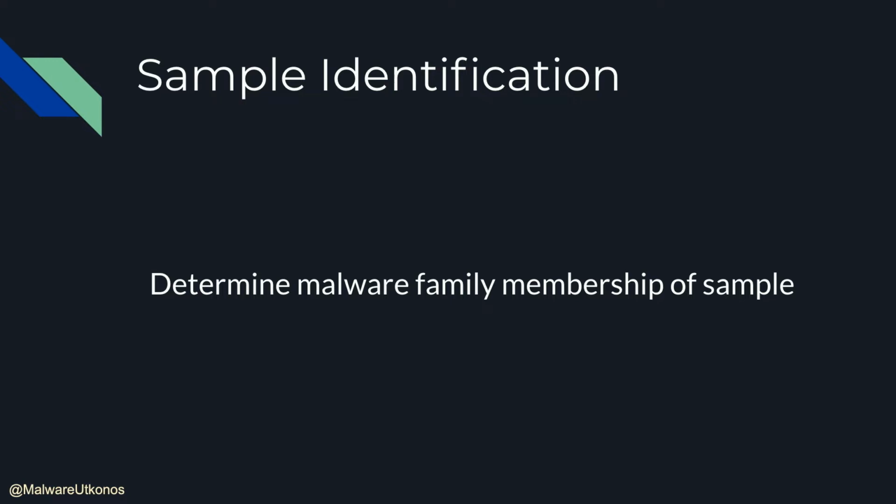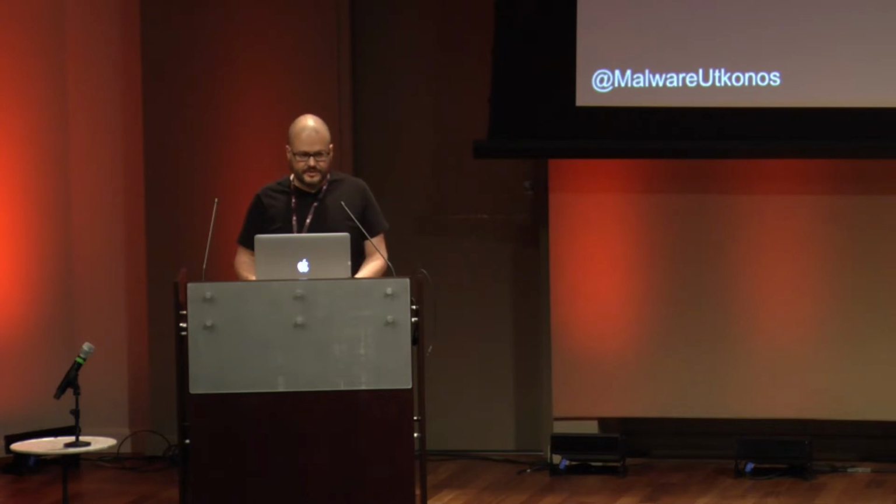My training from college is biology, and so I like to think of certain things in that way. If you think about the bacteria or archaea level, they have horizontal gene transfer, so it makes identification of certain things kind of difficult.